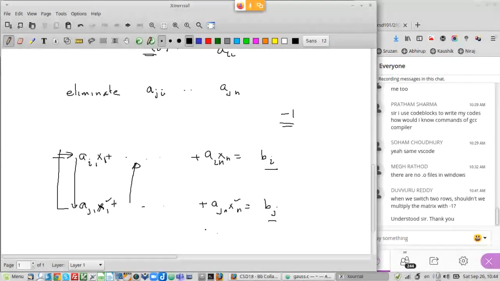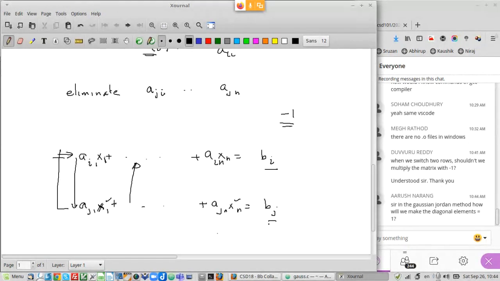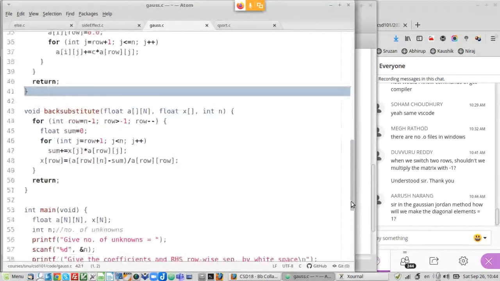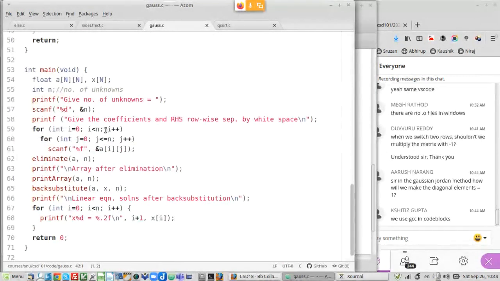Okay. So this is the whole code. Okay? The rest of the code is simply reading things and all that. So inside the main, you basically have the main two things: eliminate, which converts it into an upper triangular matrix, and then back substitute, which actually solves the equations.